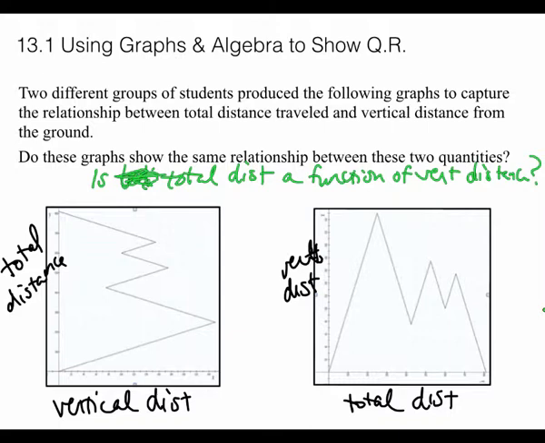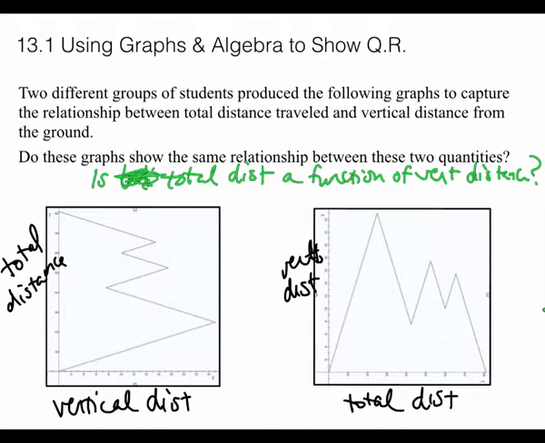Well, I don't think so. You don't think so? Why not? Because the total distance might reach the same, it might go to the same point. Oh no, actually that would make it one.